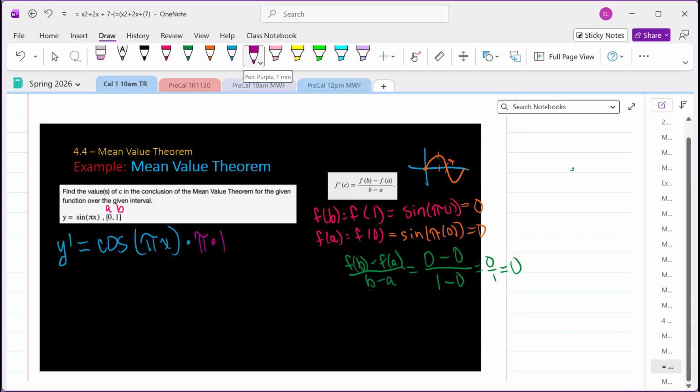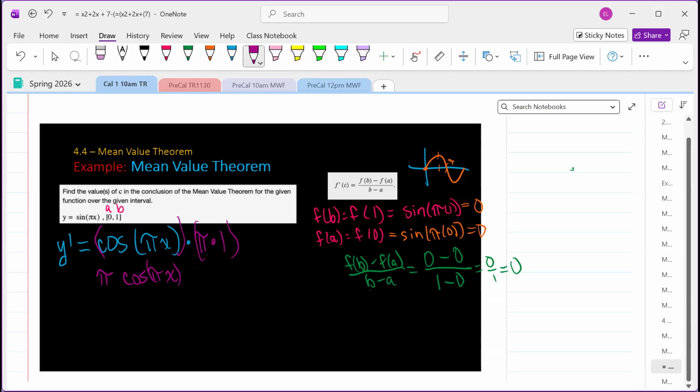So when I have cosine of pi x times the pi times 1, that is not being multiplied inside the cosine function. That's being multiplied outside the cosine function. So I have pi times the cosine of pi x.